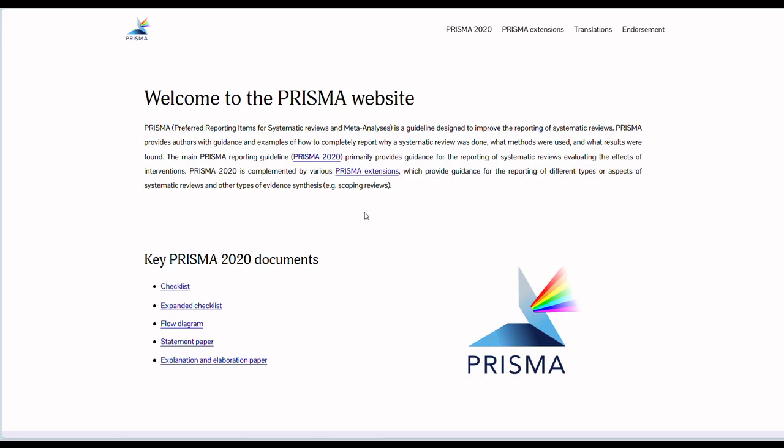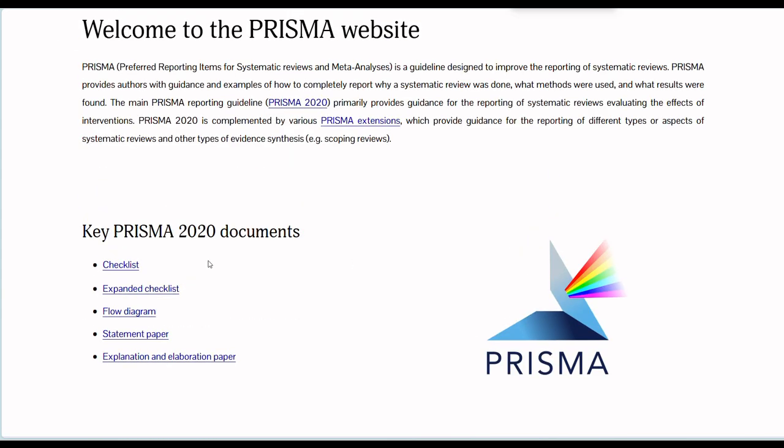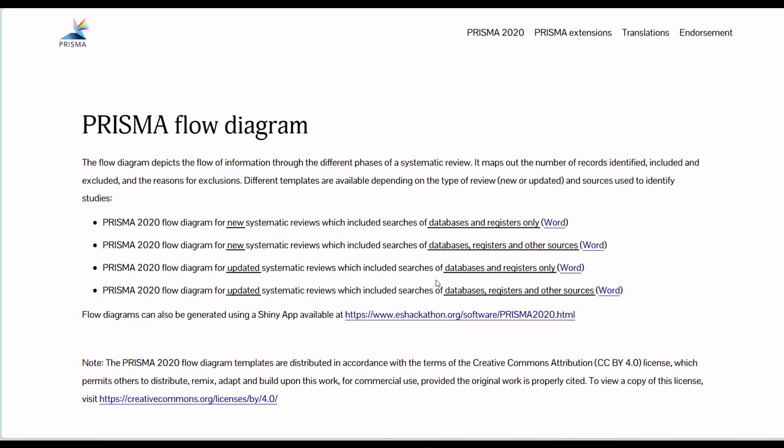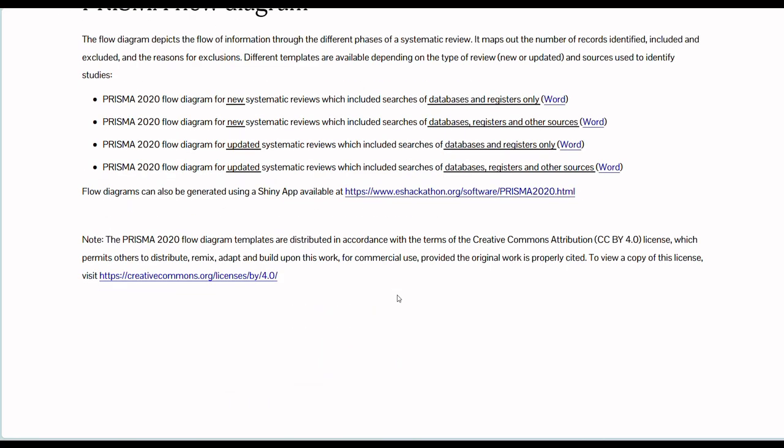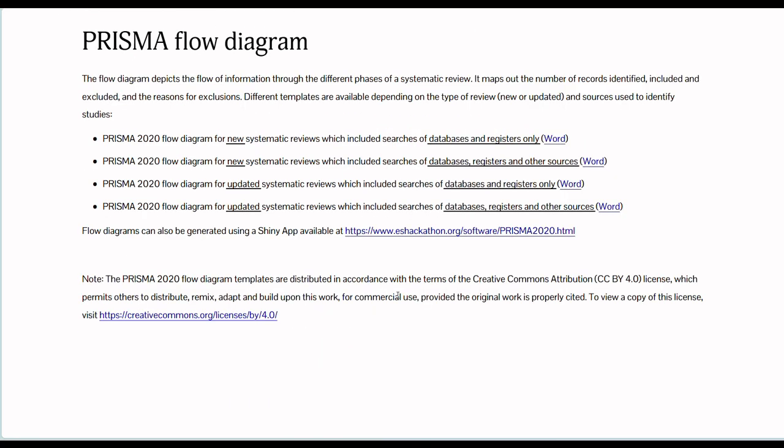Okay, just go to prisma-statement.org. So if you click on, these are the diagrams. This is the diagram, for example. If I click on flow diagram, you see how it looks like.